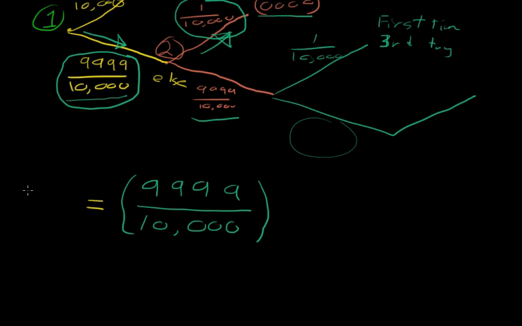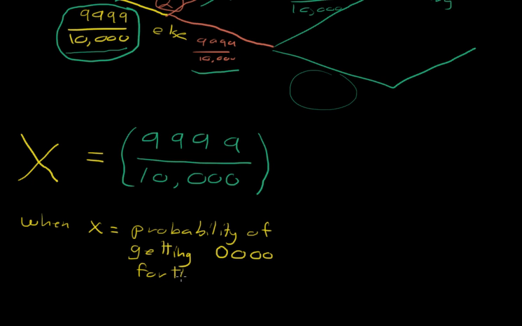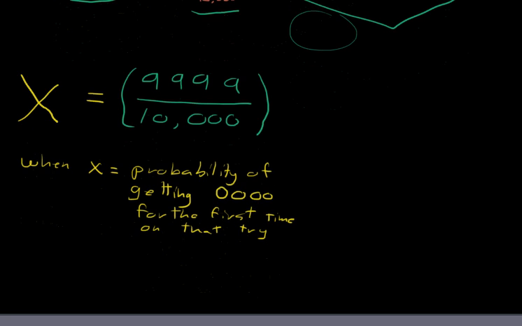Well, the thing that we're looking for, I'll draw a big X, and we will say, I'm going to write all of the parameters down here, when X is the probability of getting 0, 0, 0, 0 for the first time on that try. Okay? And then, oh, I'm out of space.